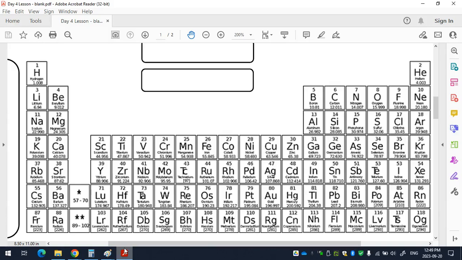Okay. No, hold on. Everyone, transition elements, they mostly lose. But here's the weird thing. They could lose 1 or 2. You're like, hold on, that doesn't make sense.